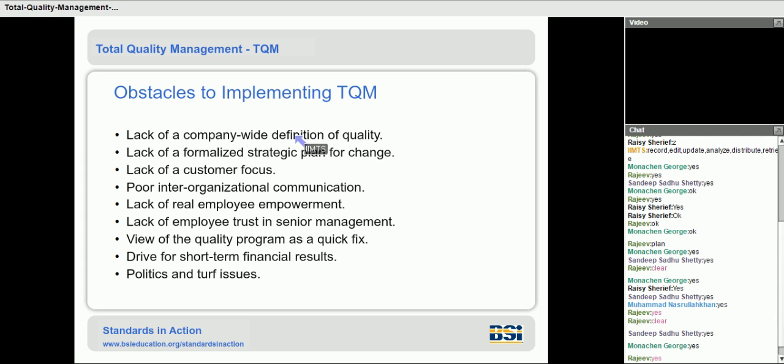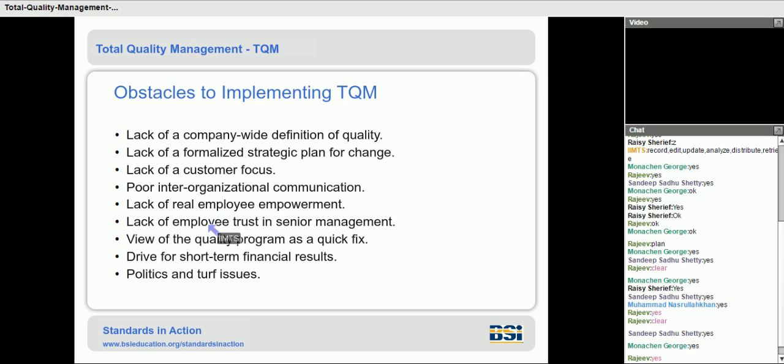Then how do you keep a check that whether you are continuously making an improvement or not? So how you keep a check on that whether you are continuously improving in your work or not?